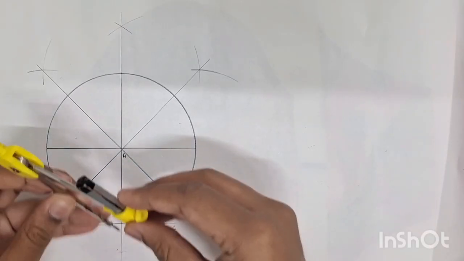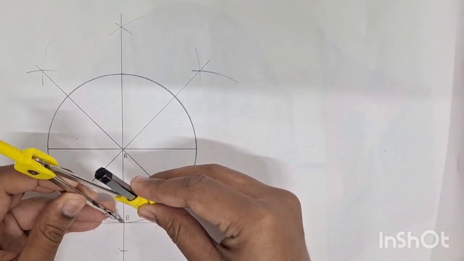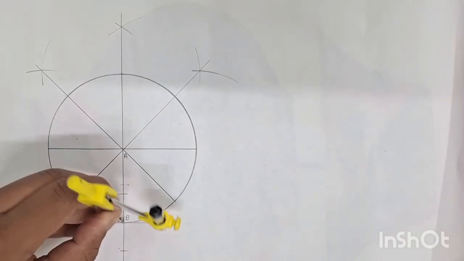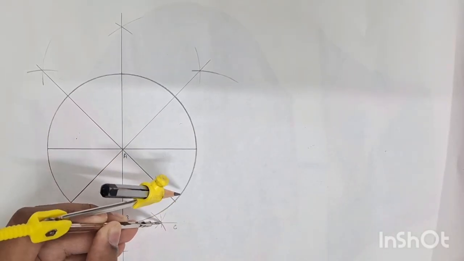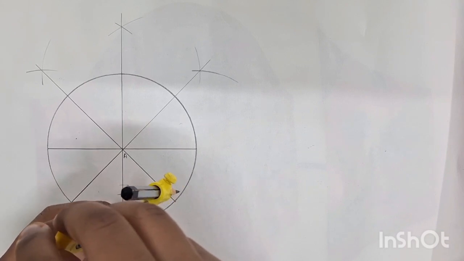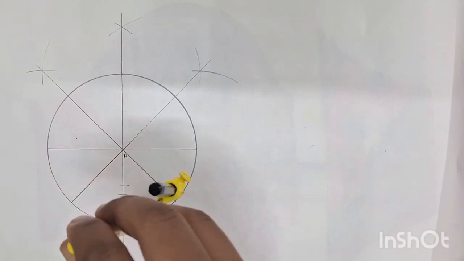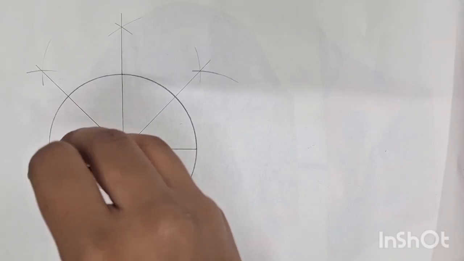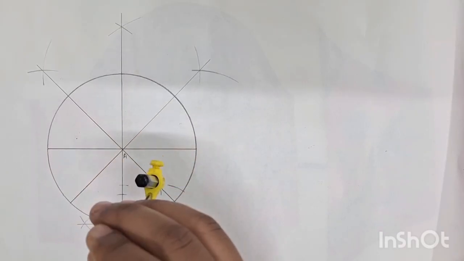Now I will bisect this angle ABC. Again follow the steps of angle bisection and bisect this angle ABC.